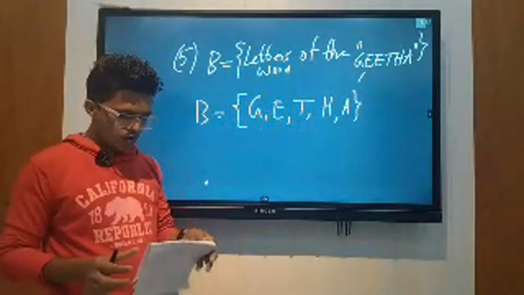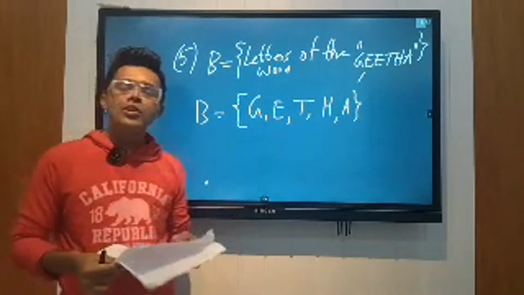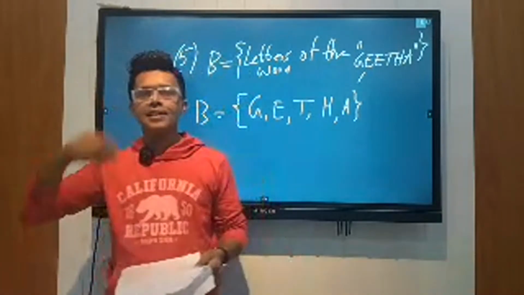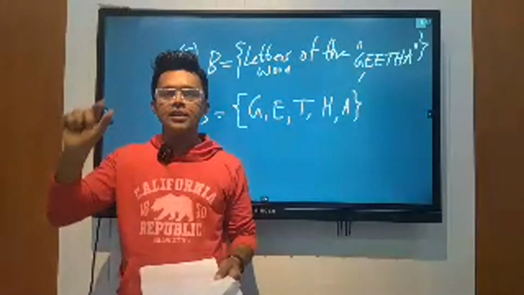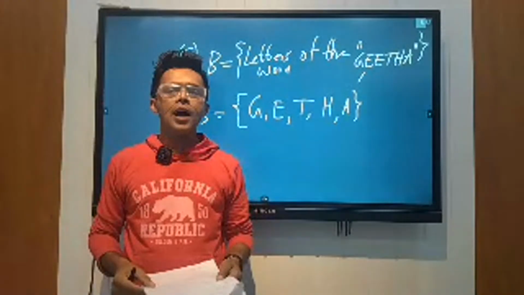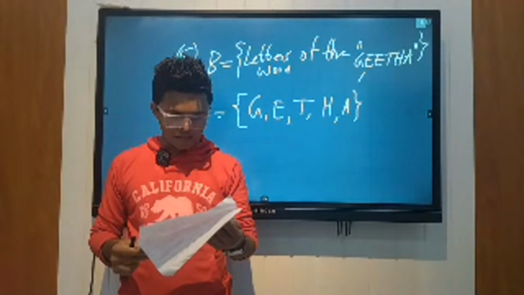So I do believe that you understood these types of questions. When the common property of a considered set is given, you are able to write the elements of that set.